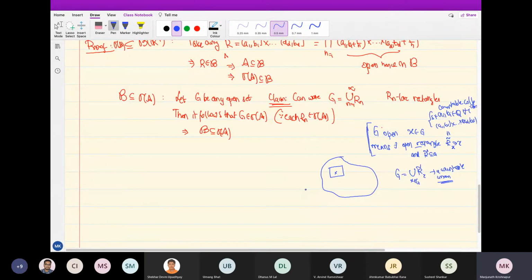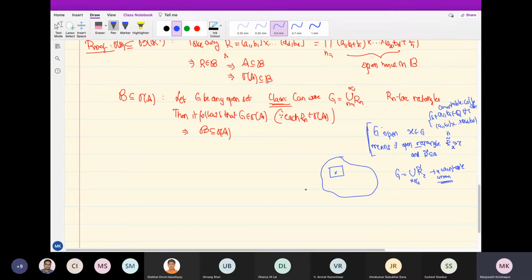So what I said was this is one way to go about it. If you look at Stein and Shakarchi, they prove another theorem which you can take as a substitute for that nice theorem in one dimension, that every open set can be written as a disjoint union of open intervals. That is not true in higher dimension, but they prove that every open set can be written as an almost disjoint union of closed rectangles.